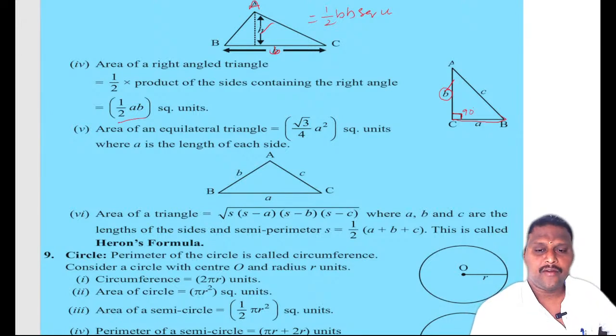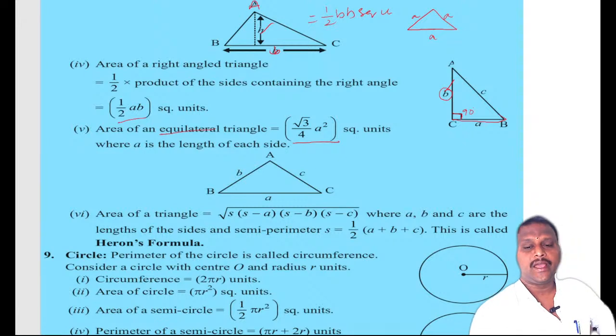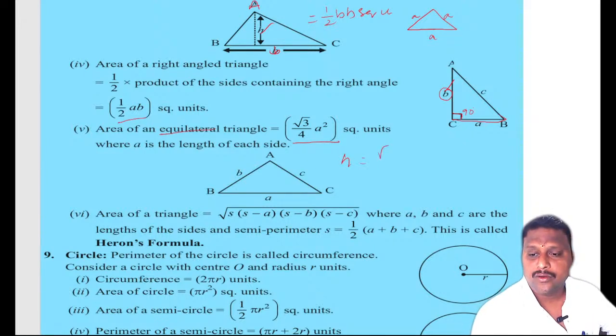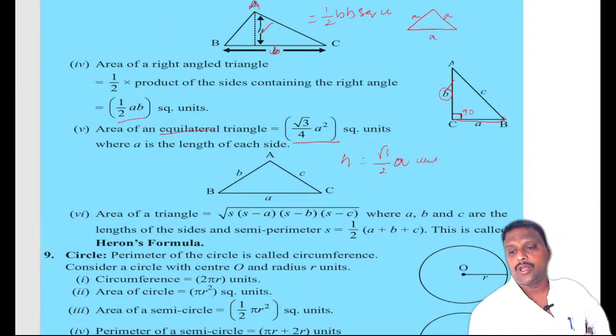Then area of an equilateral triangle. Equilateral triangle means all sides are equal: A, A, A. Then the area of an equilateral triangle is equal to root 3 by 4 A square, and height is equal to root 3 by 2 A units.